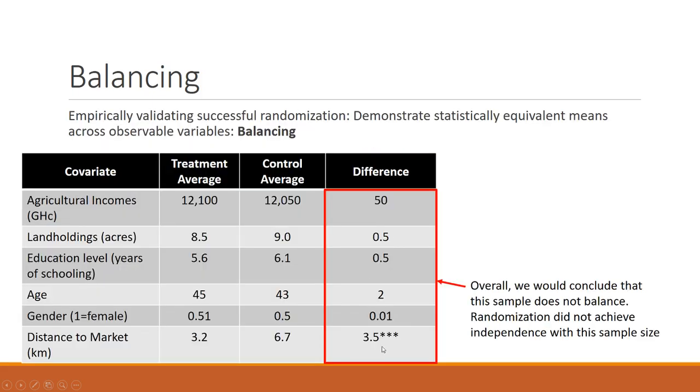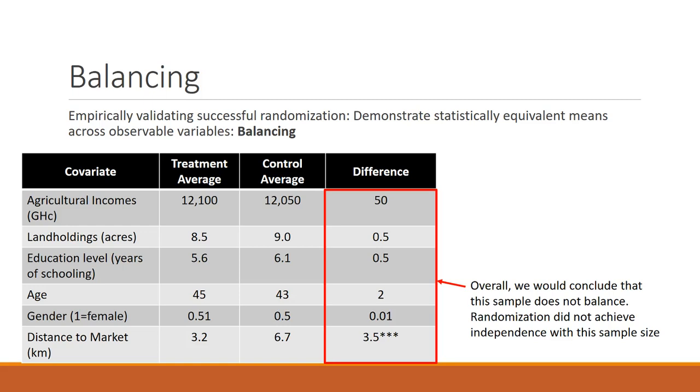That means that if 1 out of 10 variables is significant, what that means is that just by chance, 1 out of 10 variables will be significant at the 10% level. And so, if we have more than 1 out of 10 variables that are significant at the 10% level, then we would conclude that our sample is not well balanced.